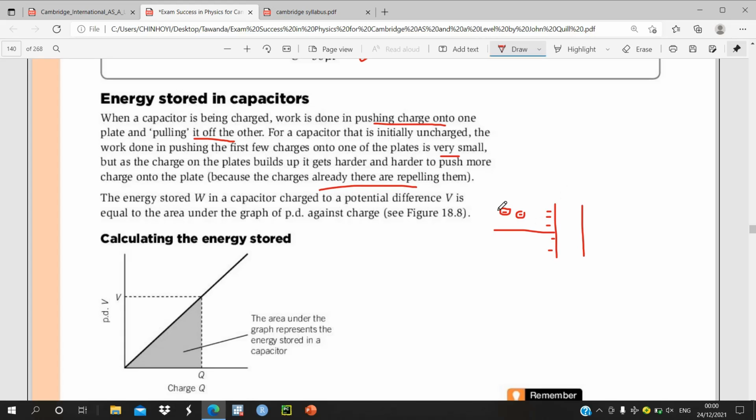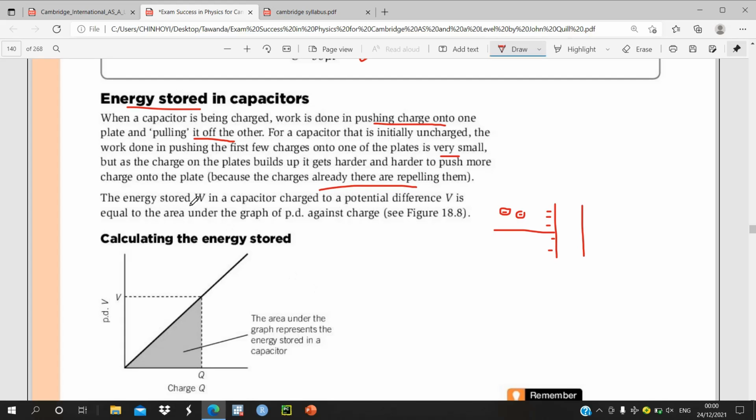There will be a repulsive force. So the work done in overcoming that force is what we refer to as the energy stored in a capacitor.